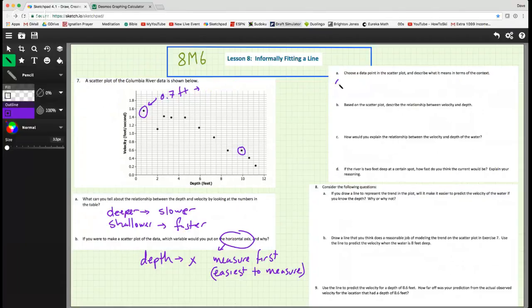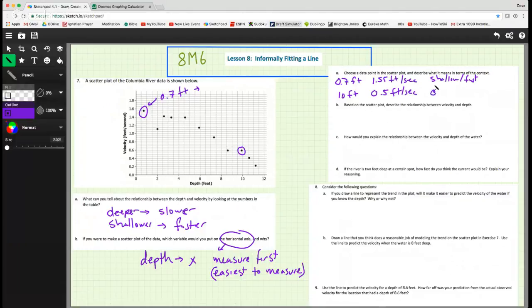You know what? I'll put it over here. 0.7 feet, and the water is 1.55 feet per second. So that's shallow and fast. And I know it only said 1, but I'm going to do 2. So here we have about 10 feet deep, and it's about 0.5 feet per second, 3 times slower.